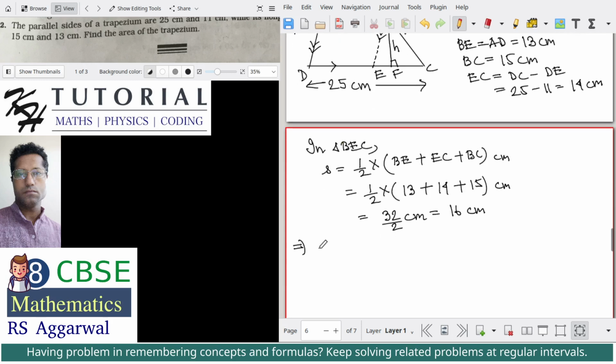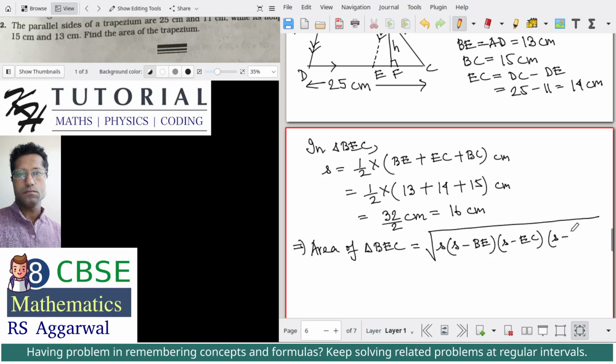So this implies the area of triangle BEC will be equal to, using Heron's formula, the square root of small s multiplied by small s minus BE, small s minus EC, small s minus BC.